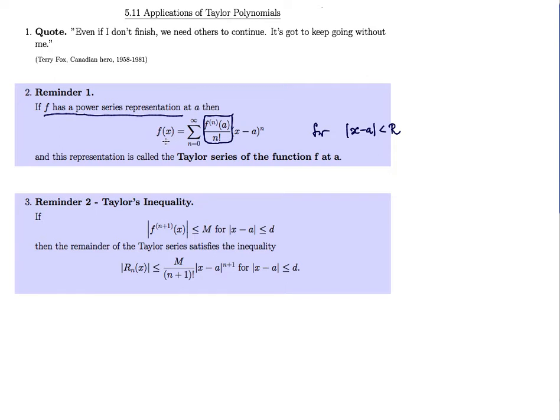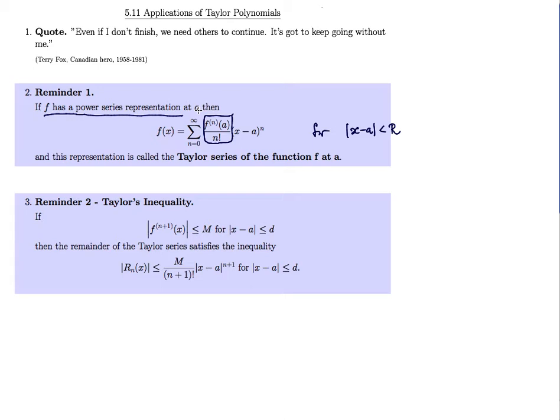So here we've got that the function is equal to the series for all x in some interval, but what if we truncated the series and only looked at, say, the first 10 terms or the first 20 terms? So we're looking at now a polynomial rather than a series. How good is that polynomial at approximating the function? Because ultimately our goal is to say, if we have a function and it's kind of difficult to work with, hey, maybe we can replace it with a polynomial.